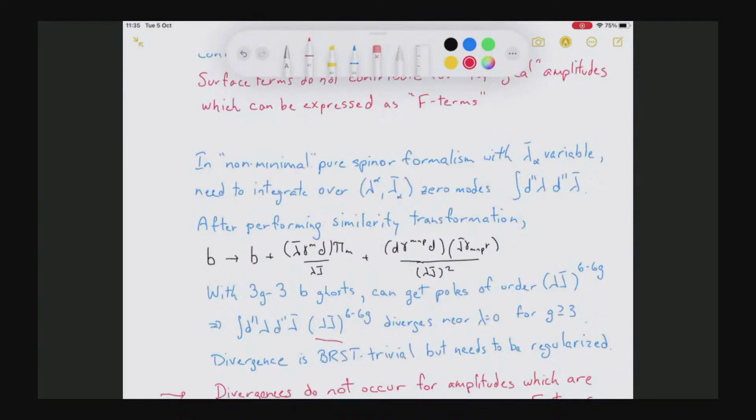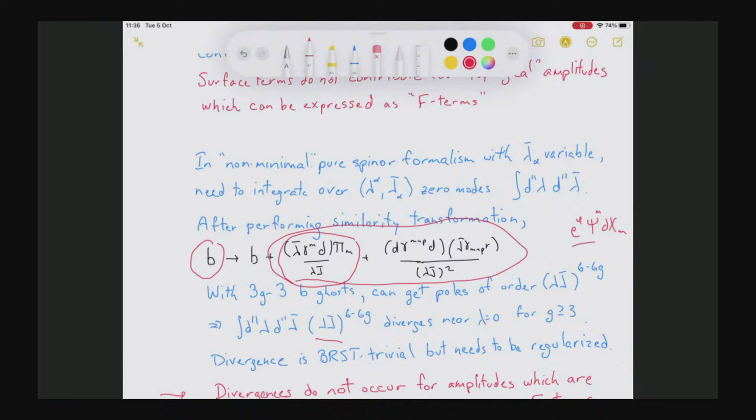I guess I didn't write it explicitly. It has these terms here which look very much like picture changing operators. So the picture changing operator in RNS was something like e to the phi psi_m ∂x^m. And this object here, if you write it in terms of the untwisted variables, pi is essentially like ∂x, and lambda bar gamma d is essentially like this e to the phi psi.